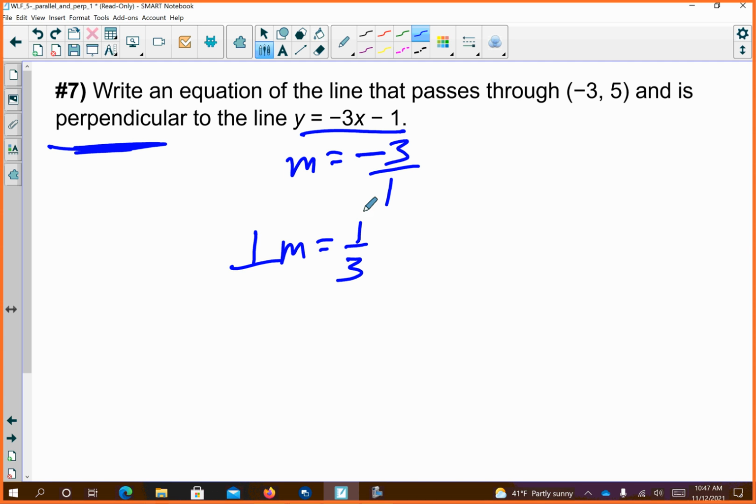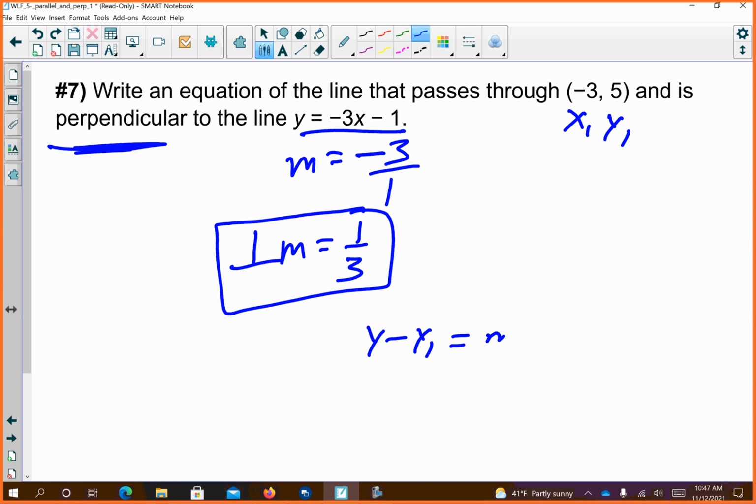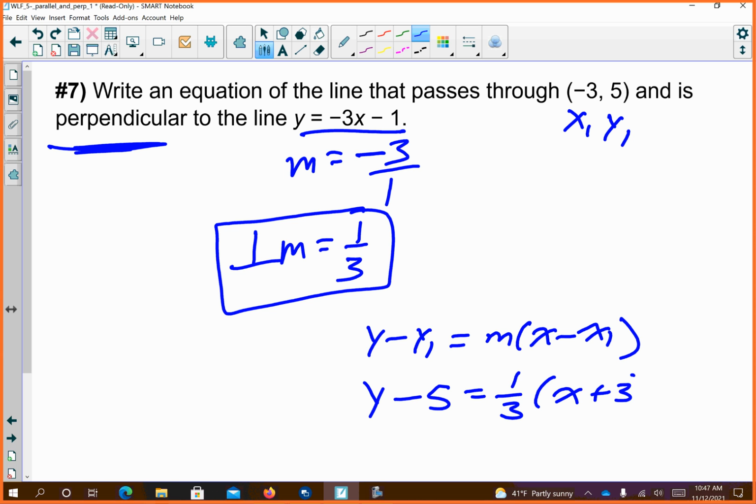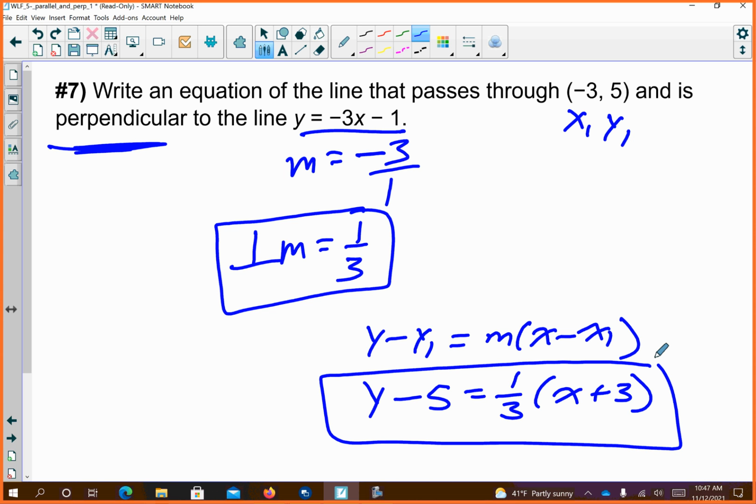Notice it's positive. So I'm going to use this. This is x1, y1. Plug into point slope. So I'm going to get y minus 5 equals 1/3 x plus 3. This line is perpendicular to the given equation. It also goes to the point negative 3 comma 5.